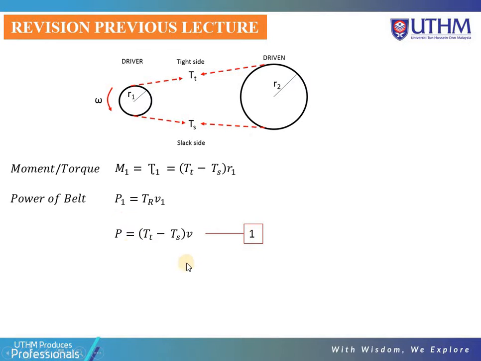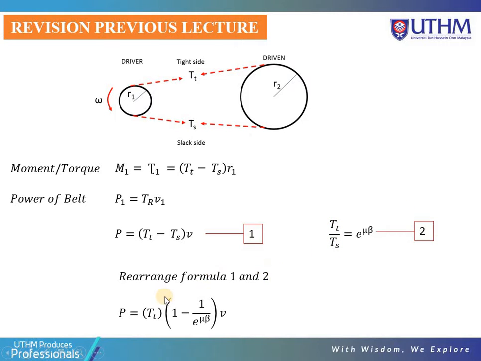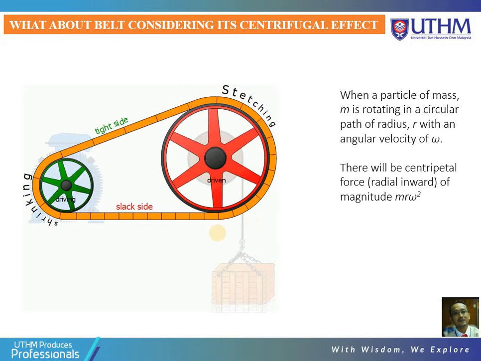This is equation 1, while this is equation 2 for the ratio of tension. Rearranging formulas 1 and 2, you will get a bit complicated equation representing the power of the belt. This one is mainly for flat belt. When considering the V belt, you need to consider the groove angle.